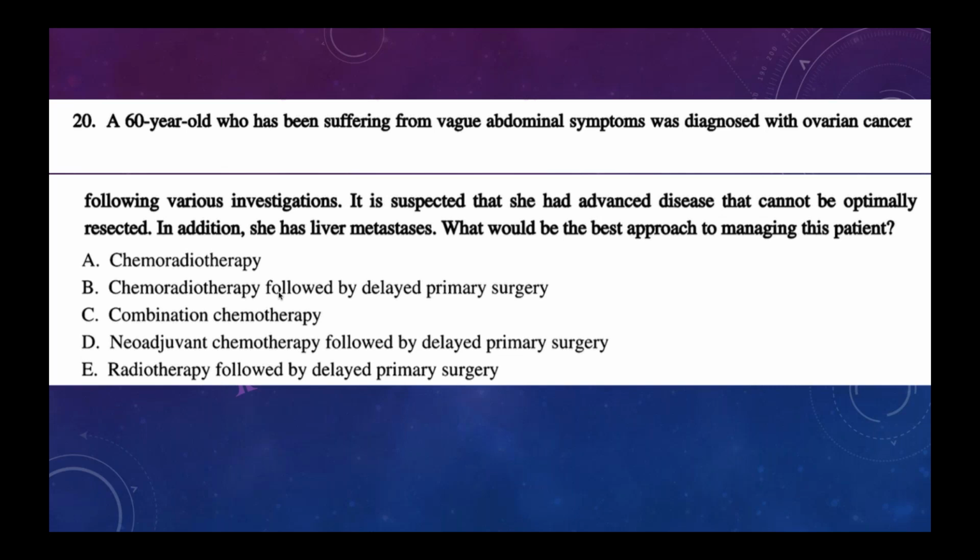Now this patient is presenting with liver metastasis, so this is a very high stage or very high tumor burden. So what will you do? D, ma'am. Neoadjuvant. Yes. So it is very high tumor bulk, neoadjuvant chemo followed by surgery, interval surgery.